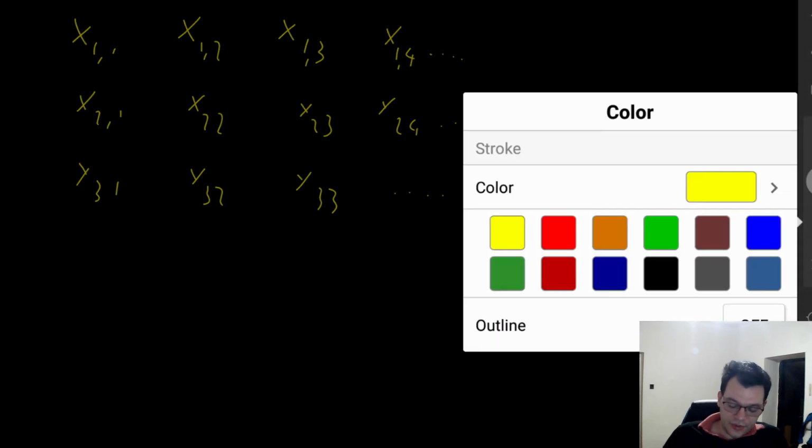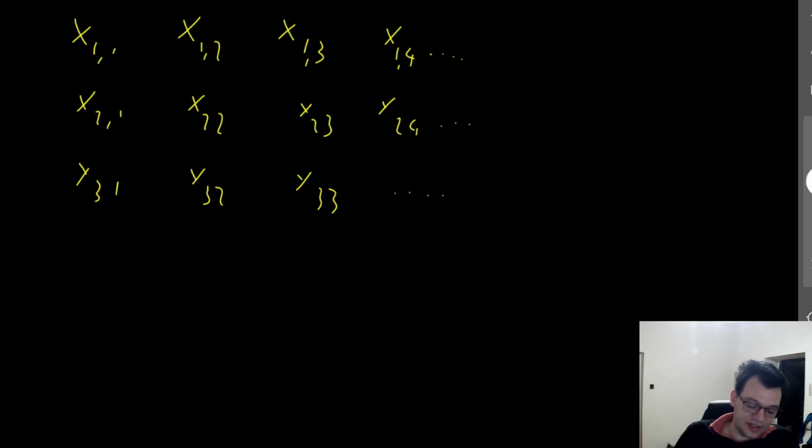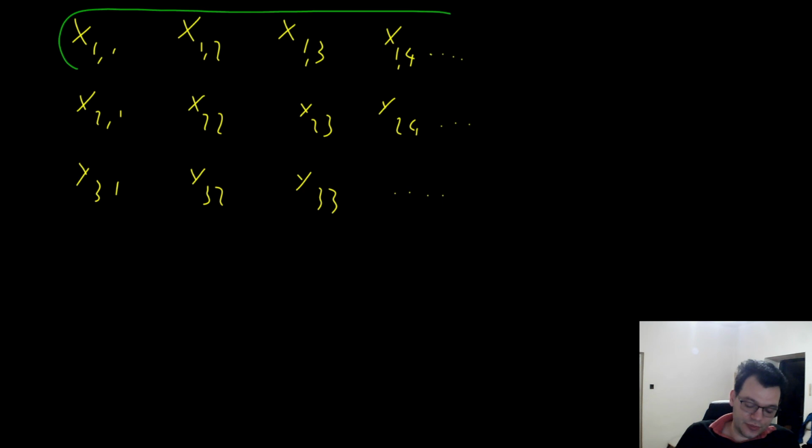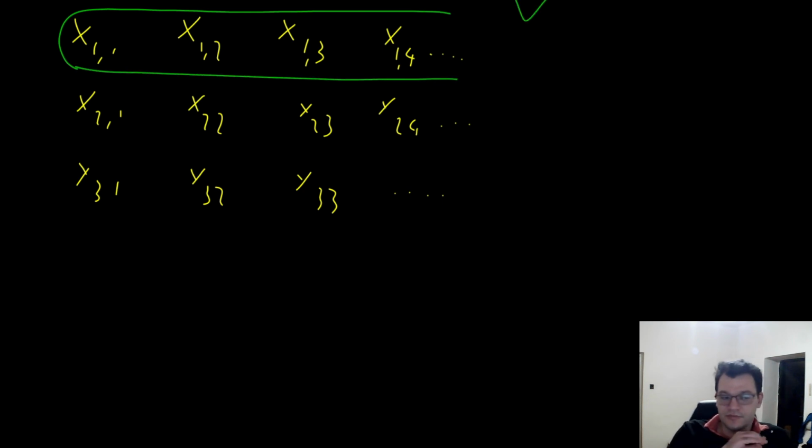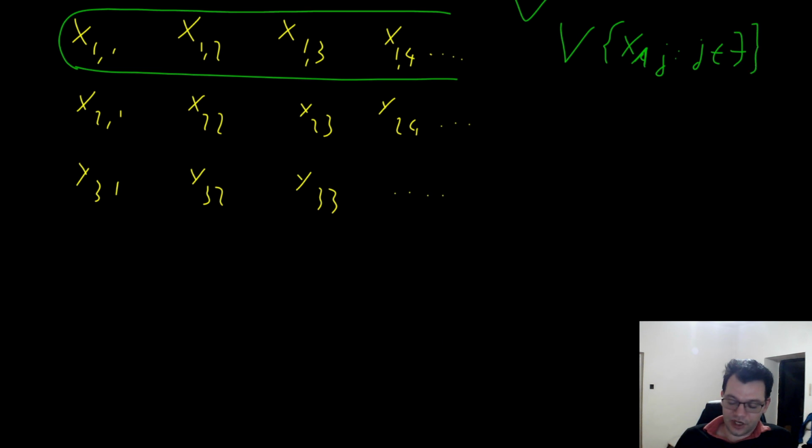Now basically what the statement says is that if I'm just taking the suprema of the first row, that will be the supremum over j of the x1j's, j indexing the columns.